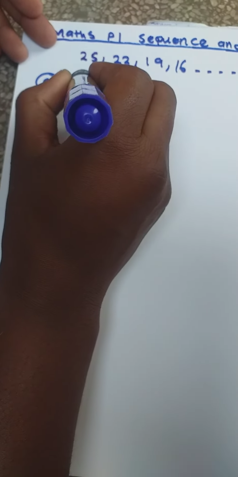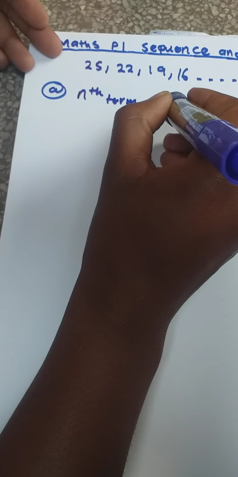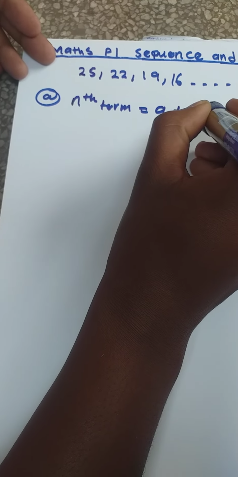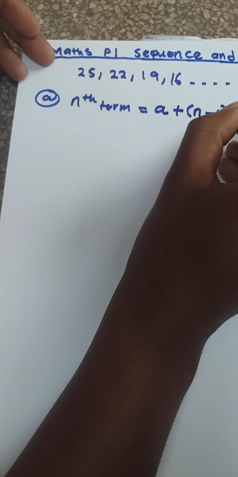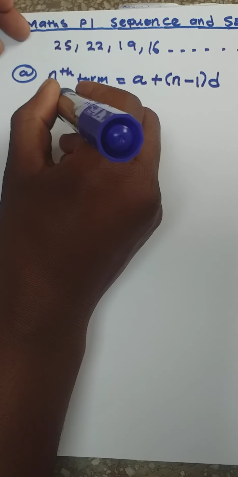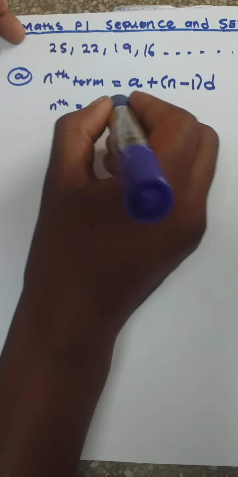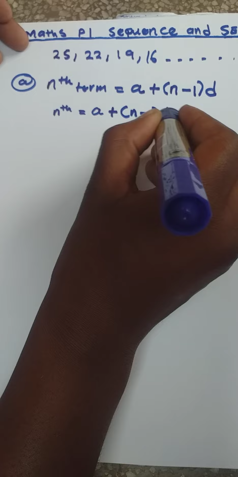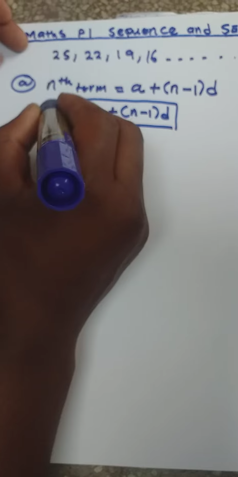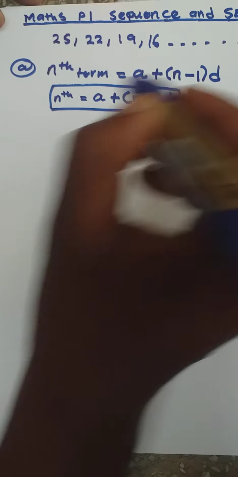The nth term is equal to the first term A plus open bracket the position of the term minus 1, multiplied by the common difference D. Or we can simply say nth term equals A, the first term, plus (n minus 1) multiplied by D. This is the formula for the term at the position you want in an arithmetic progression, or AP.